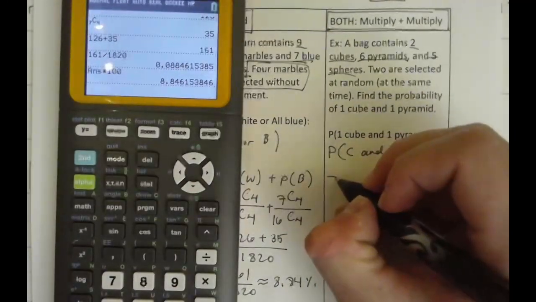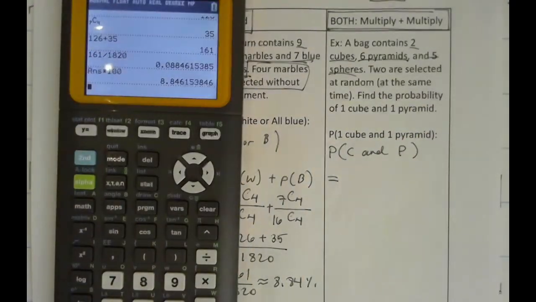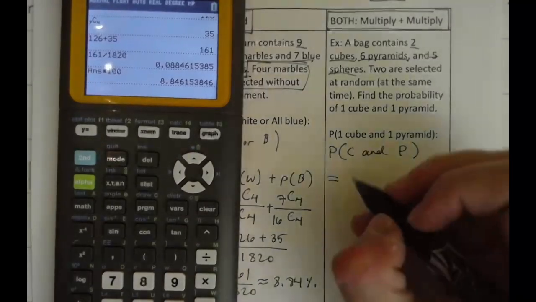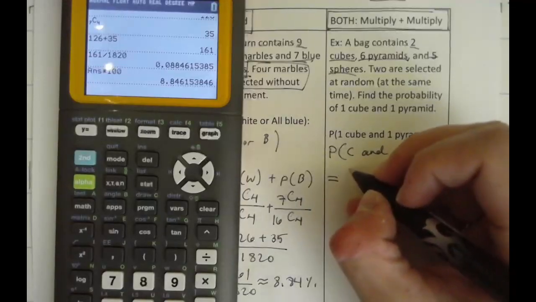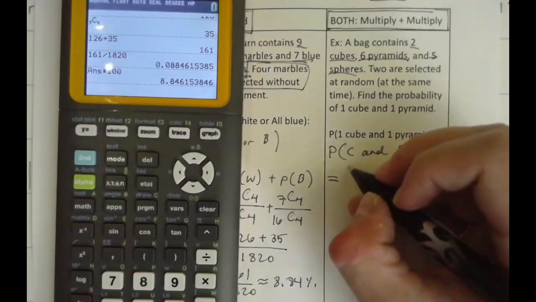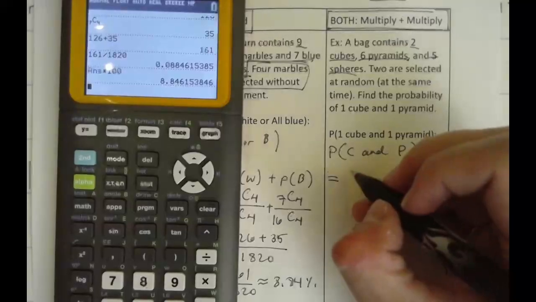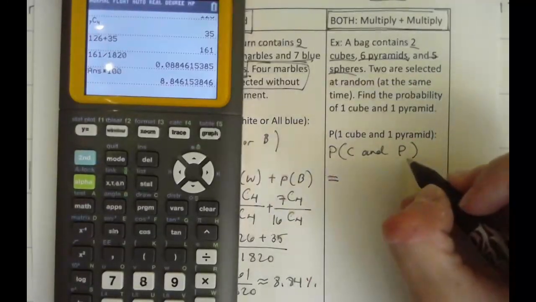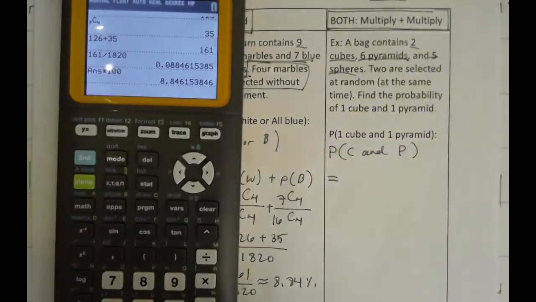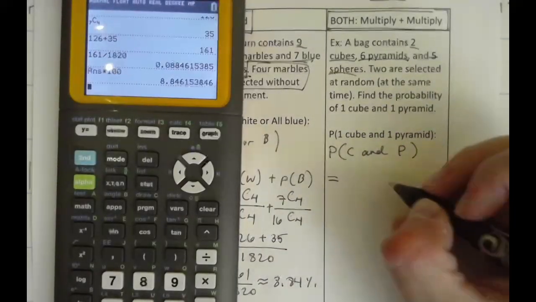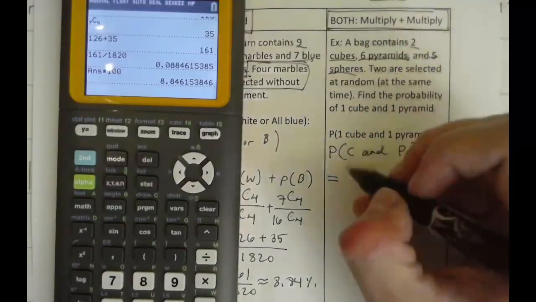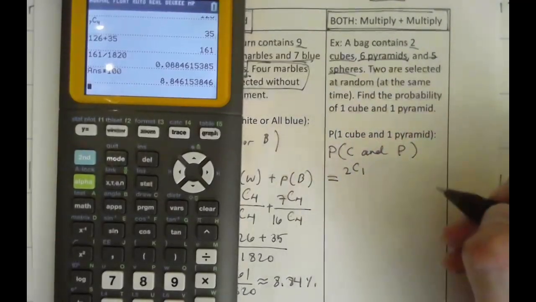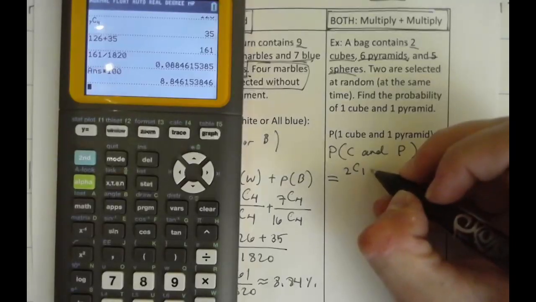This would mean you're picking 2 things out of these groups. So here we could think there's one way to do it where you got the cube first. You could either get the cube first, then the pyramid, or you can get the pyramid, then the cube. So in the case you get the cube, then the pyramid, that would be like having 2 possible cubes, choosing one of them.